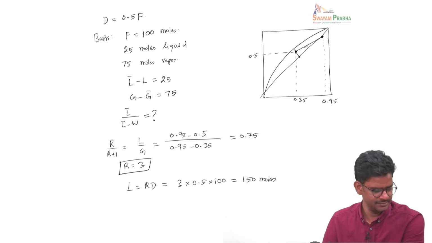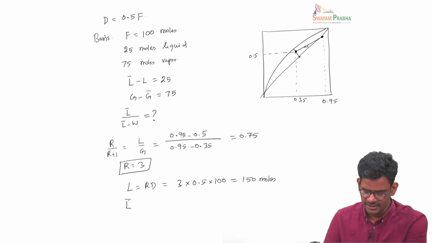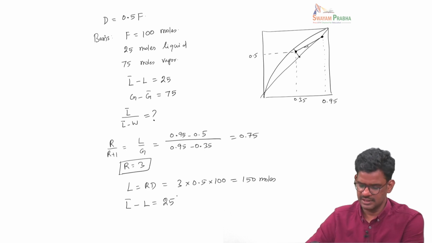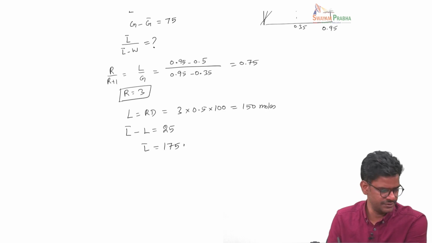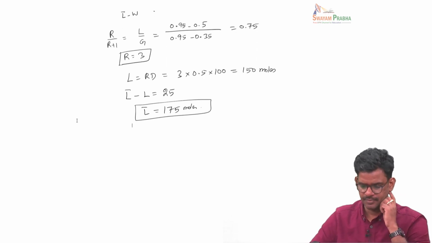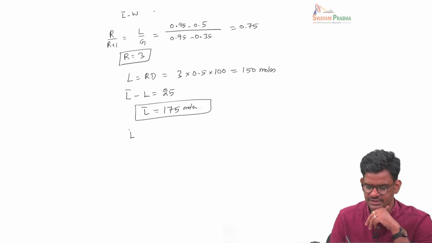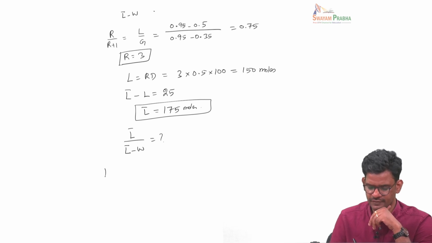This is L, and we already know that L bar minus L is given as 25, and from here we can solve for L bar, that is 175 moles. And the stripping line slope is given by L bar over L bar minus W, but we need to know what W is.